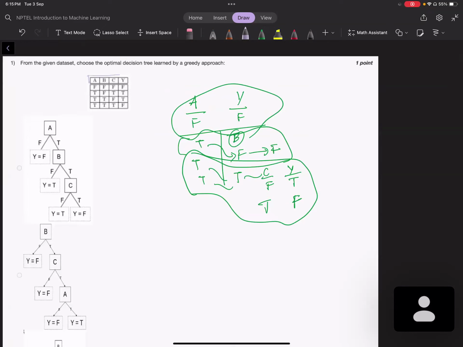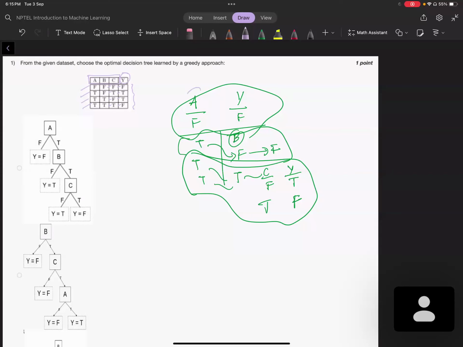There are three variables A, B, and C, and we have the Y, or the prediction. A has values false, true, true, true. B has values false, false, true, true. C has false, true, false, true. And Y is false, true, true, false, right?